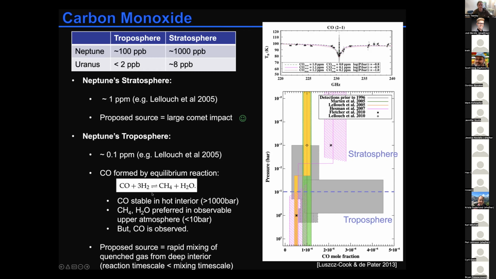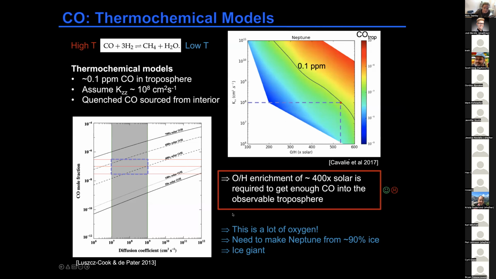So you can basically freeze in the CO abundance if you can mix it up there fast enough. So Neptune's very vigorous convection combined with quite a lot of oxygen in the deep interior could account for this. So this has been modeled. People have modeled this properly using thermochemical models.